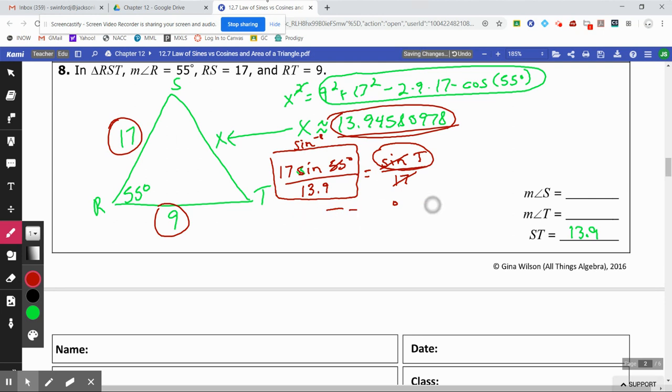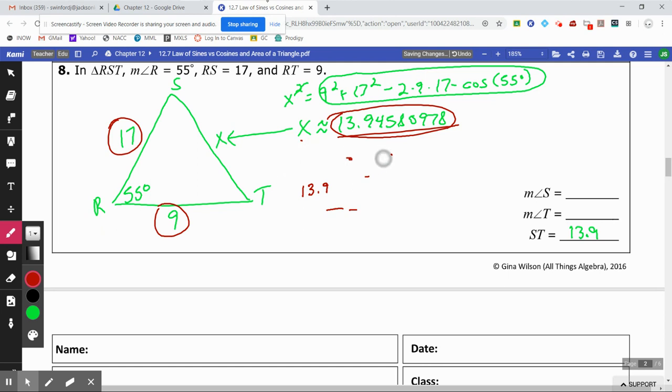So since I'm given all three sides here, instead of working that law of sines like I just did, I'm going to work that problem again because I know that there can't be two possible triangles in this case. That hinge theorem is not going to work because I've got the side side side.